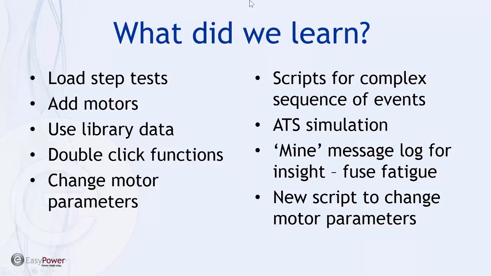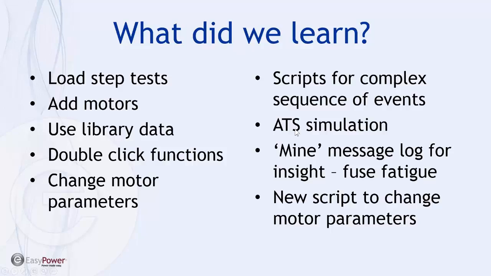We essentially did load step tests for the generators. We've added motors. We use the library data for typical motor response. We've illustrated the double-click functions. We've changed motor parameters in the typical data file. We've used scripts to craft complex sequences of events.